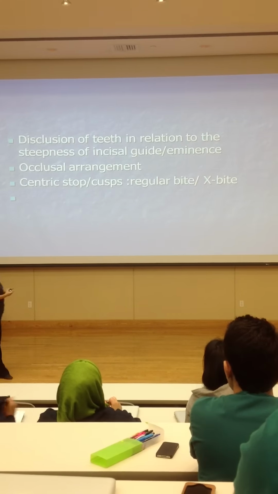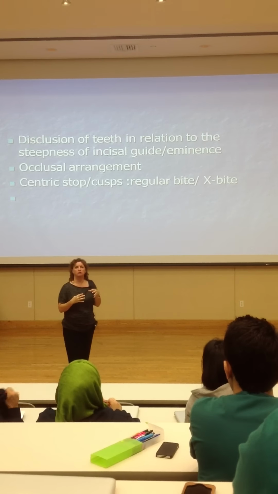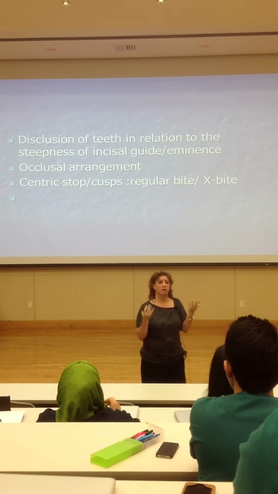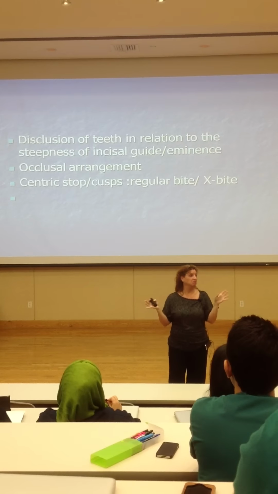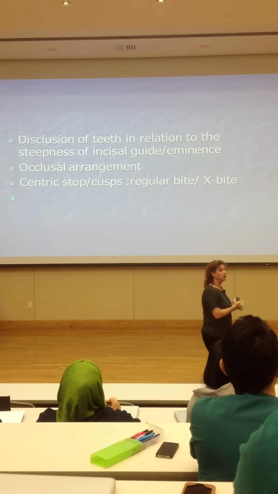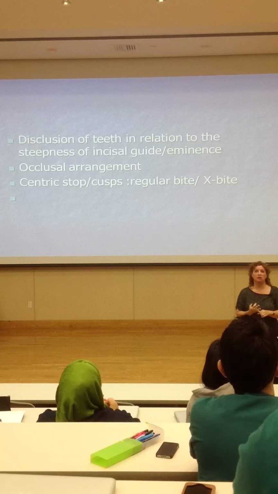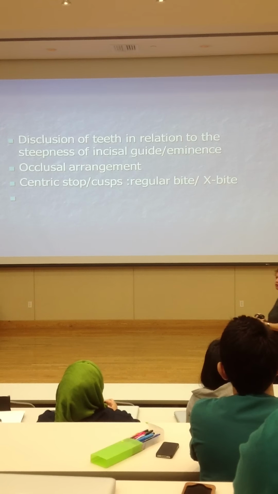Occlusal arrangements. What kind of bite do we know? Cusp to fossa. This is part of it. Cusp to two teeth. Excellent. Cusp fossa. Cusp marginal ridge, which is exactly like cusp to two teeth.